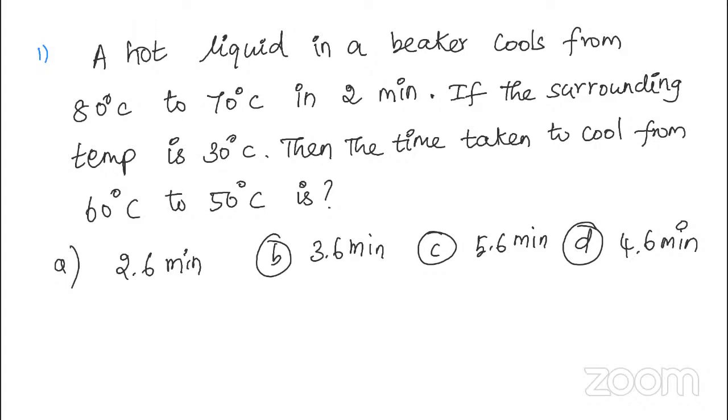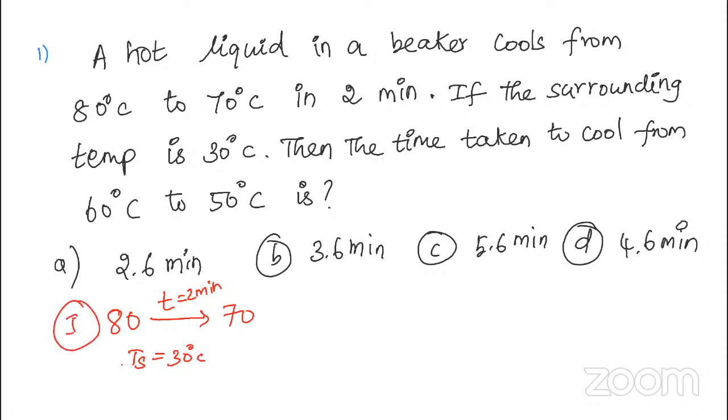So the simple logic is, I will give the idea alone. The temperature variation for the first step is 80 to 70, and the time is 2 minutes. This is for the first case, and here they have given the TS value, it is 30. This is the first step.